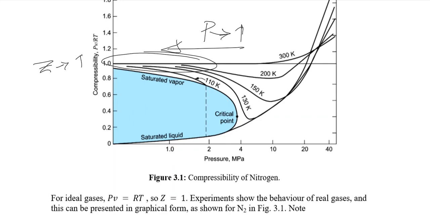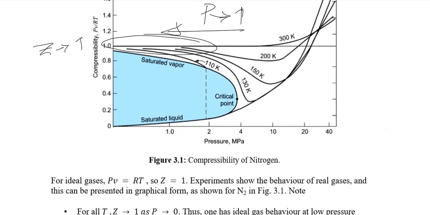So if the pressure is minimum, Z would be approaching 1, or the behavior of the gases would be ideal.